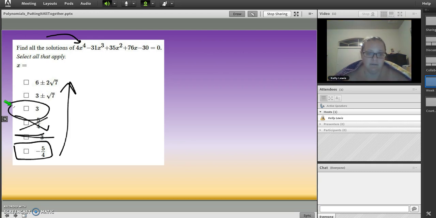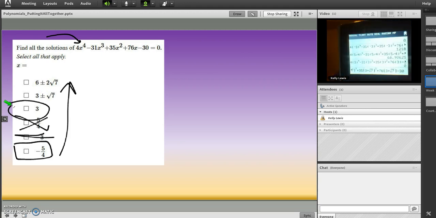Minus 31 parentheses, 3 plus square root 7, up 3, plus 35, 3 plus square root 7, squared, plus 76, 3 plus square root 7, minus 30. Okay, so I typed it all in, and I get that.